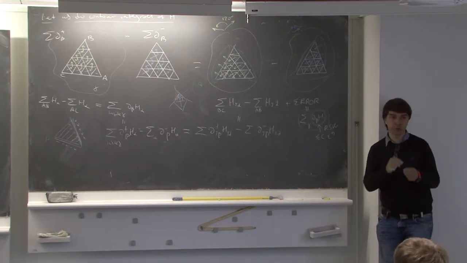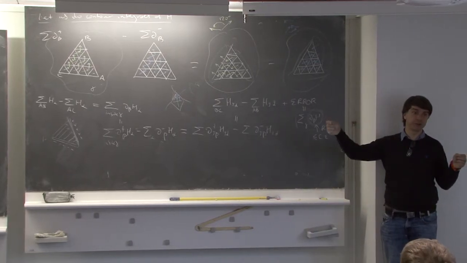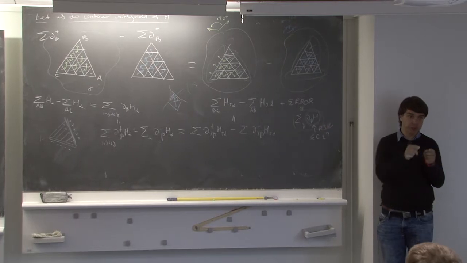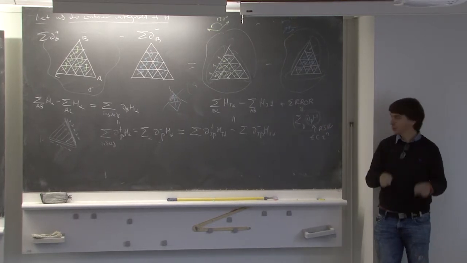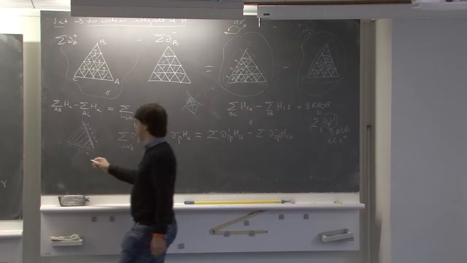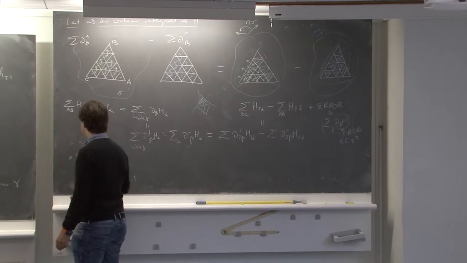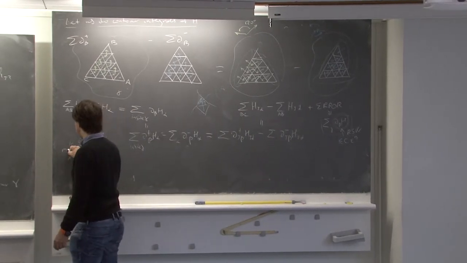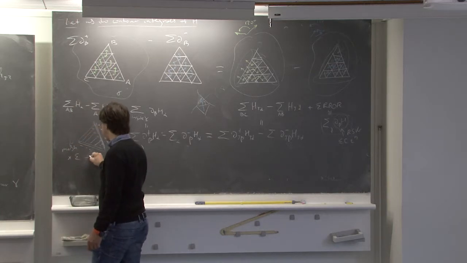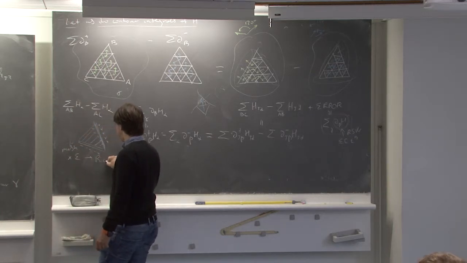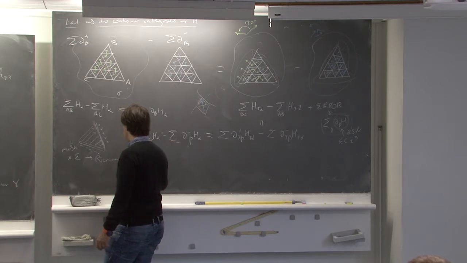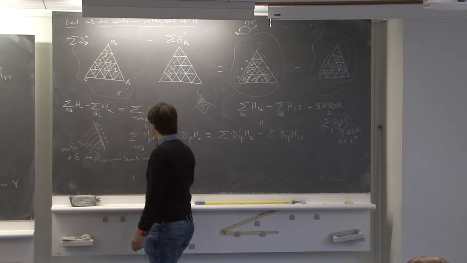Now, if you have a sum, how do you get an integral from a Riemann sum? You multiply by the lattice mesh. So those are multiplied by epsilon. So mesh epsilon multiplied by mesh epsilon, we get Riemann sums, which converge to integrals.